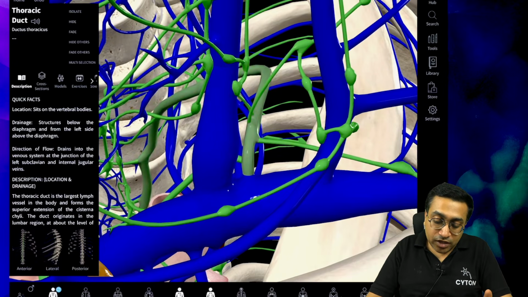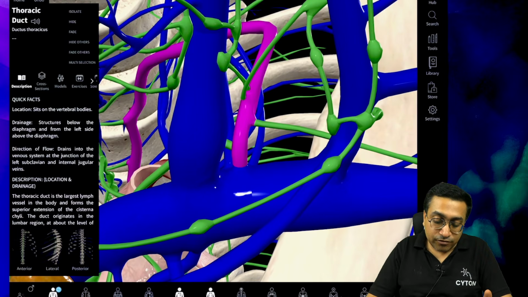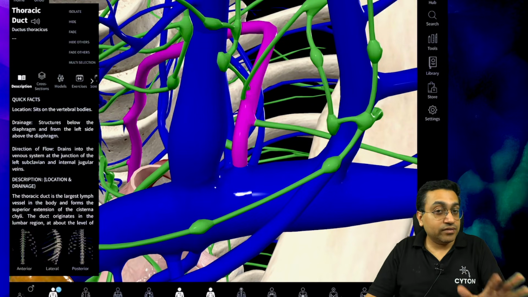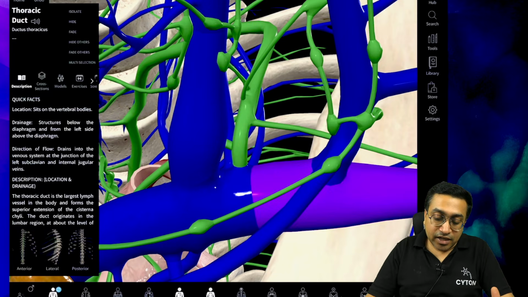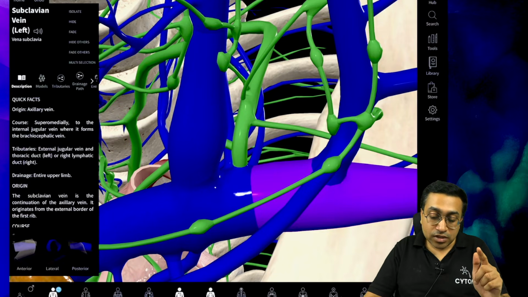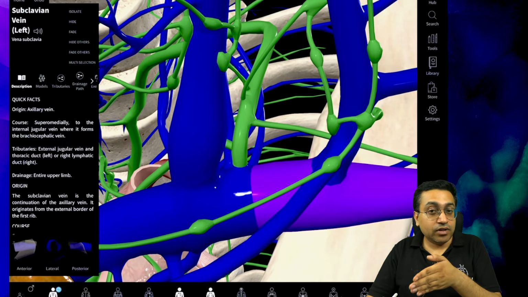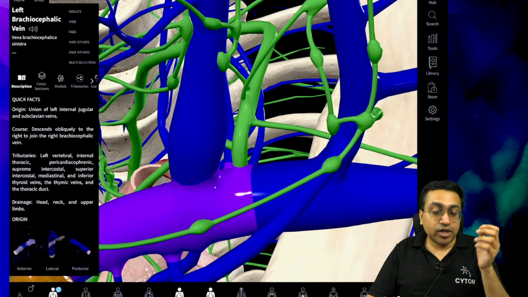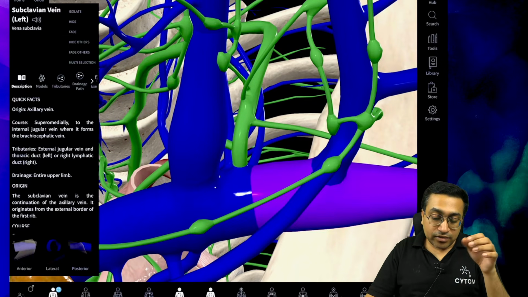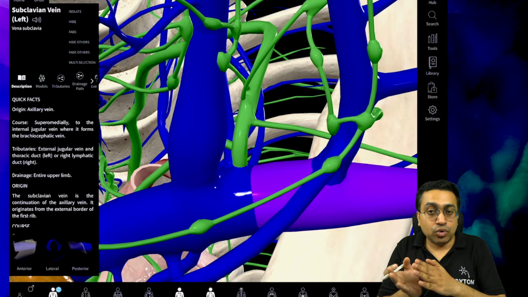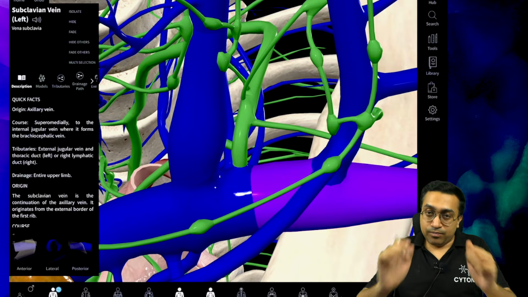Now if you see carefully, these main lymphatic channels are also draining into the venous system only, but where exactly? Into the jugulo-subclavian angle. This is the jugular vein, this is the subclavian vein, and they are both draining into this brachiocephalic vein. So it is entering into this venous system at the jugulo-subclavian angle.